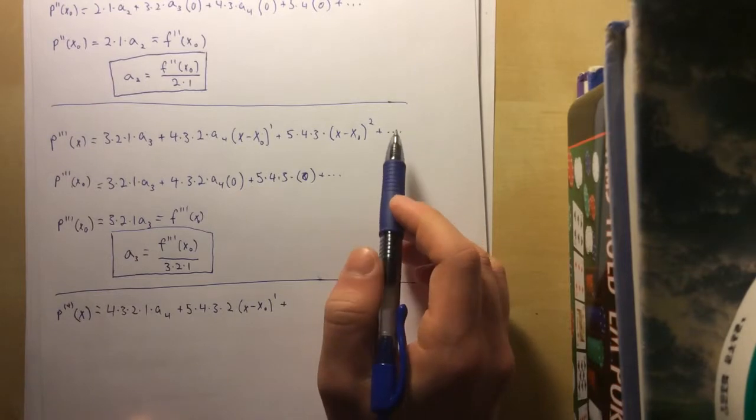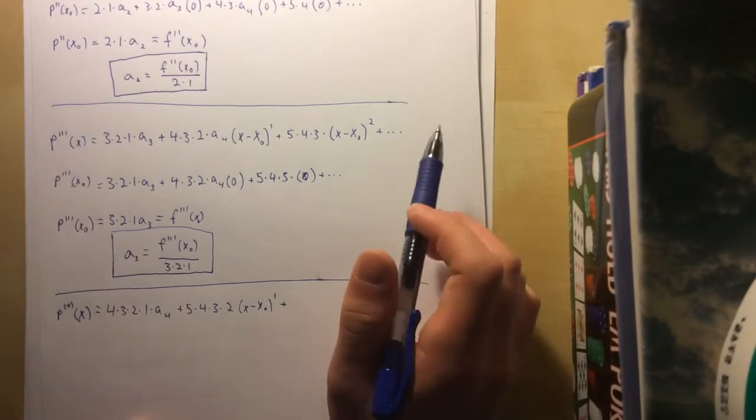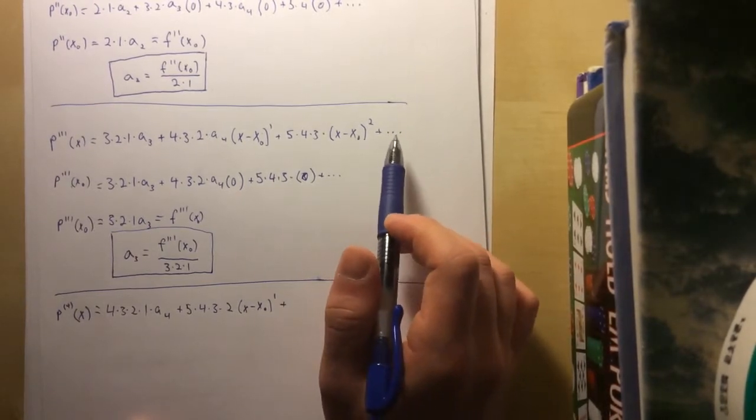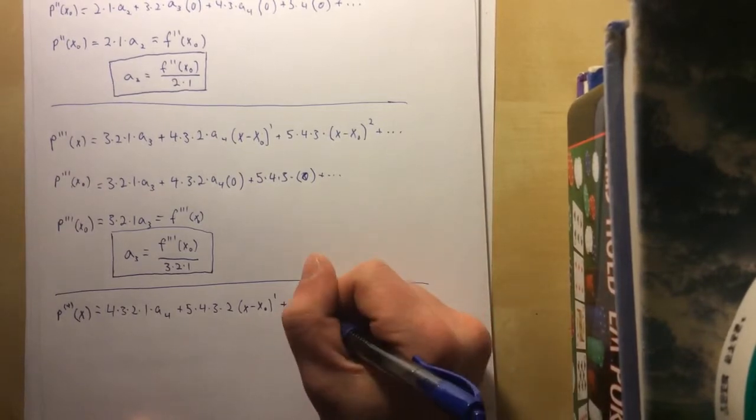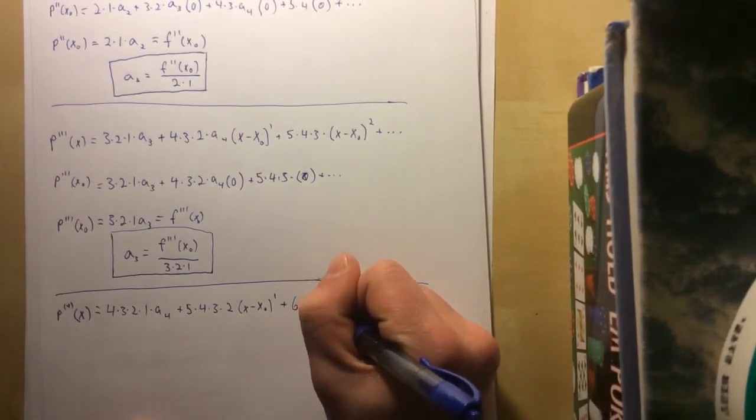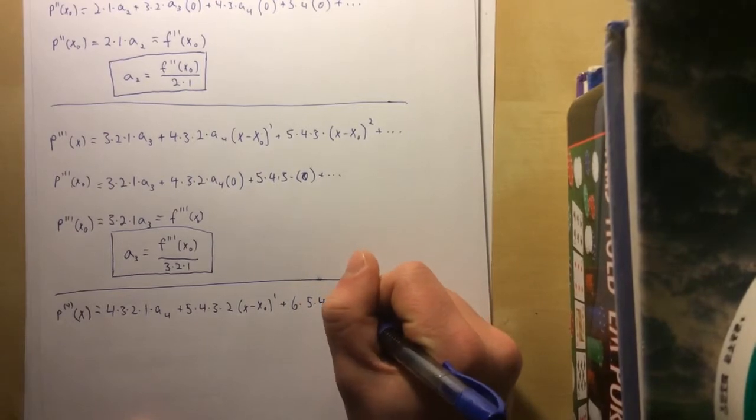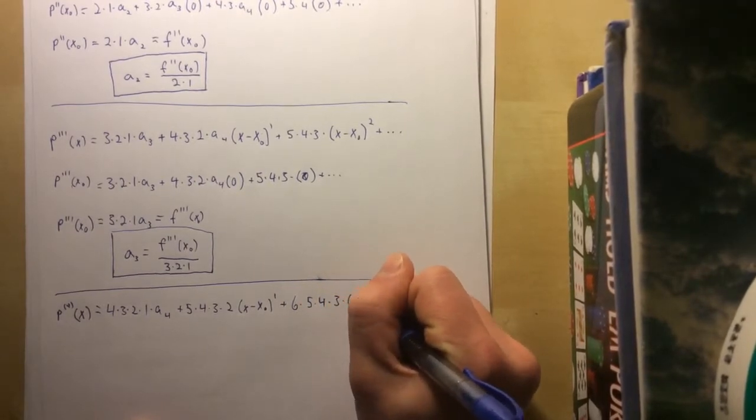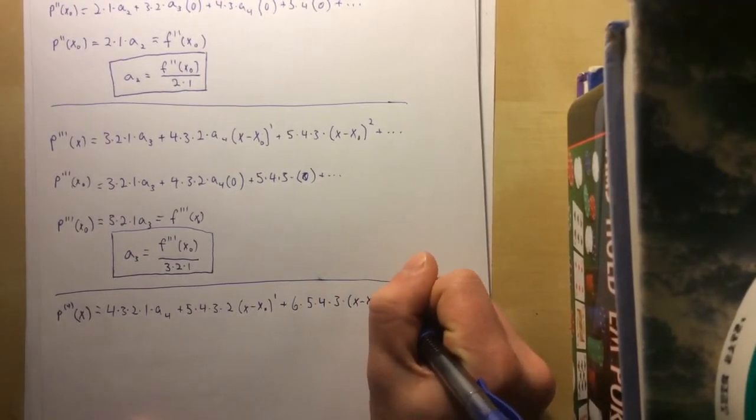Remember, this next term would be 6 times 5 times 4 times (x minus x naught) cubed. So the derivative of that would be 6 times 5 times 4 times 3 times (x minus x naught) squared.